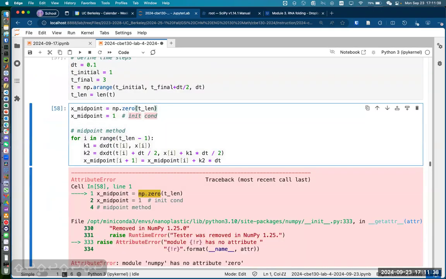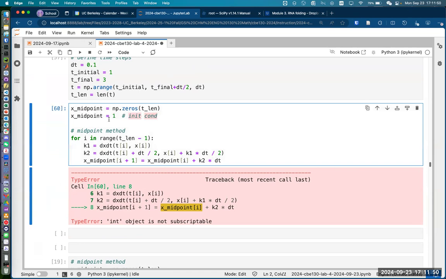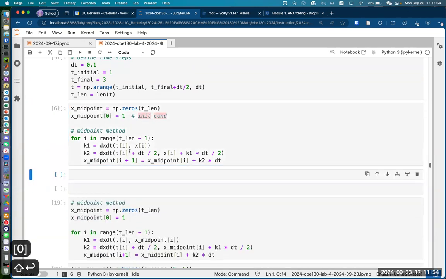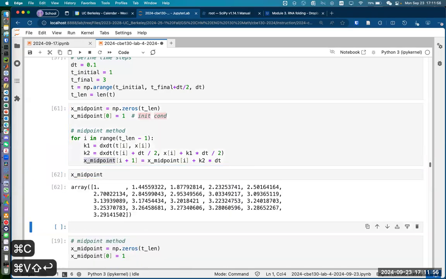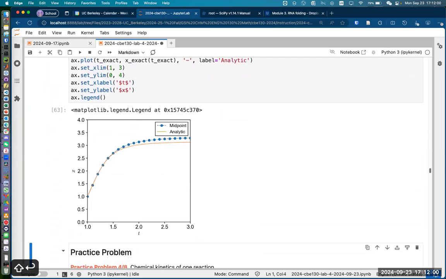Oh, and np.zeros. x of midpoint, okay, here the initial condition should be the list indexed at 0. Okay, now we have x of midpoint, and then we can plot it as usual, and we can get the midpoint method.